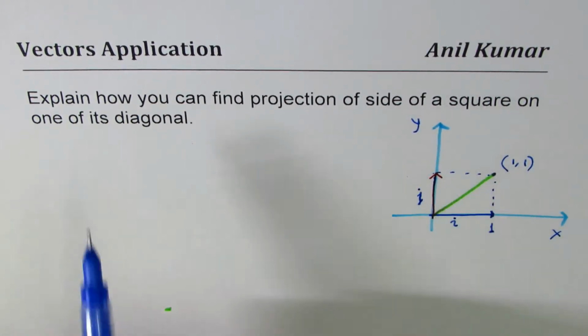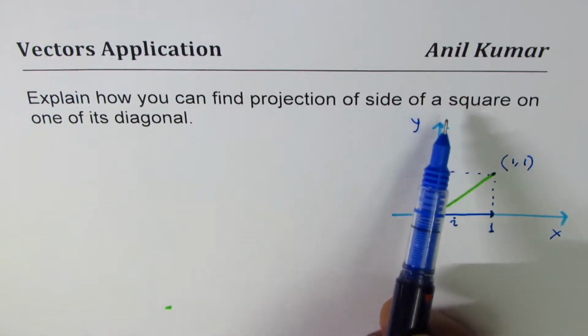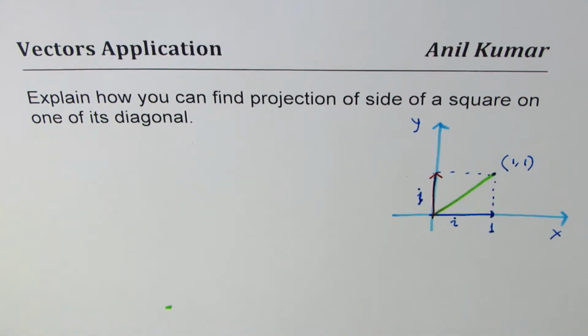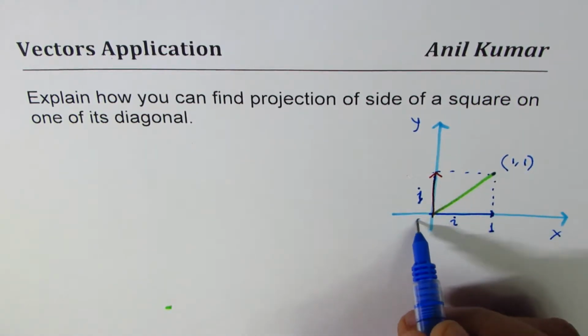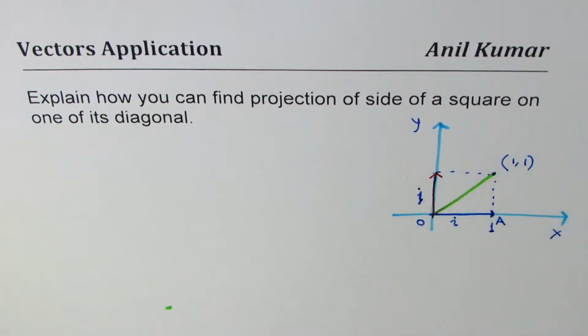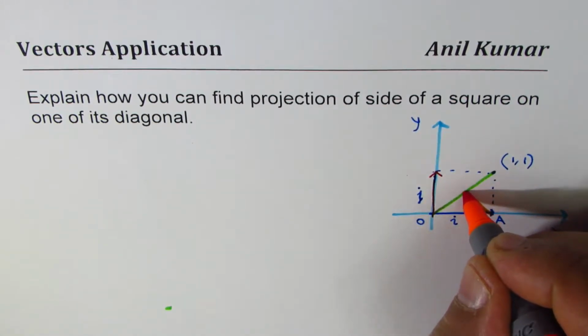So let's read the question once again. It says explain how you can find projection of side of a square on one of its diagonal. So let's consider the side to be OA, and the projection of this OA is going to be like this, right? Is it okay?